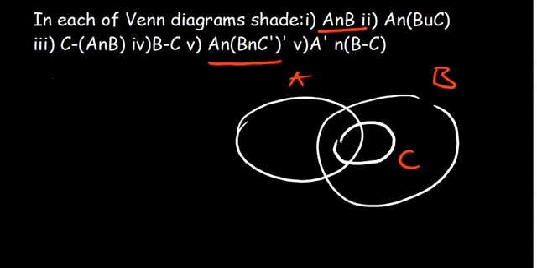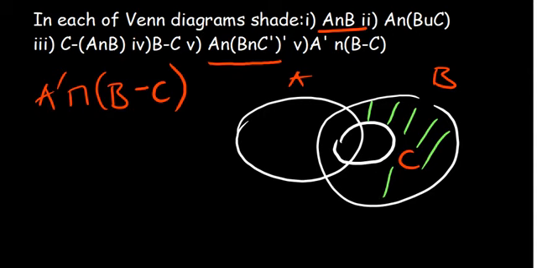So we have A complement intersection B minus C. Now B minus C, we understand, is the region of B without C. That requires you to shade the region outside C, but within B. That is our B minus C: B without C. You look at B, then you exclude C. So that's what we have shaded there.